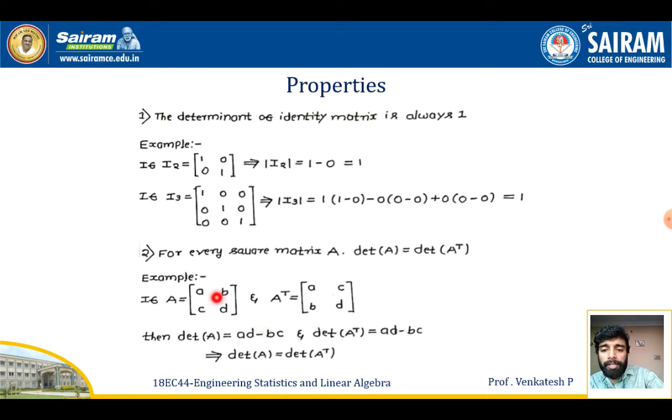Then I find the determinant of A transpose, and expanding it I also get AD minus BC. Comparing these two equations, since both are AD minus BC, I can conclude that the determinant of A is equal to the determinant of A transpose.